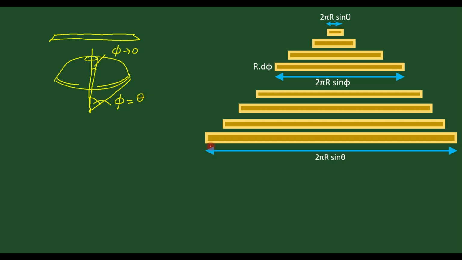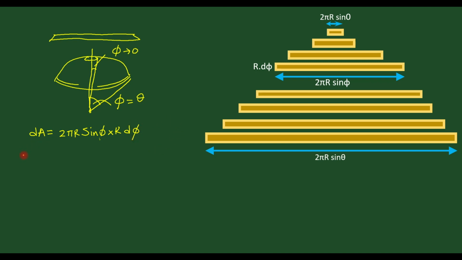So let us now consider the area of this elemental belt. Its area is dA. dA, the area of this element, is equal to length 2 pi r sin phi multiplied by its width, which is r into d phi.